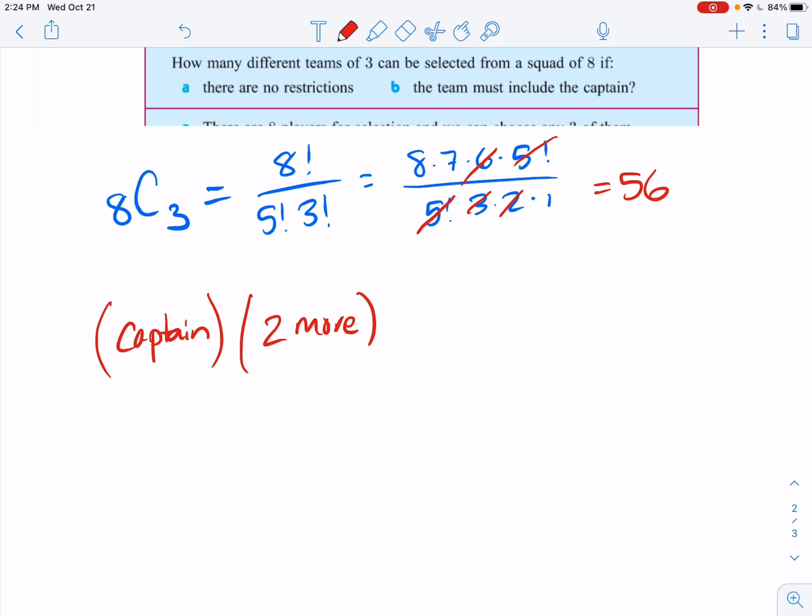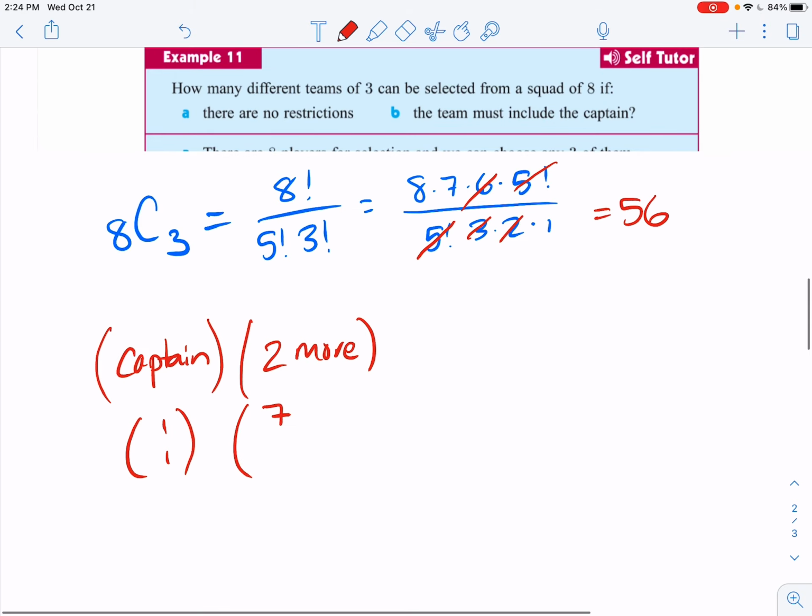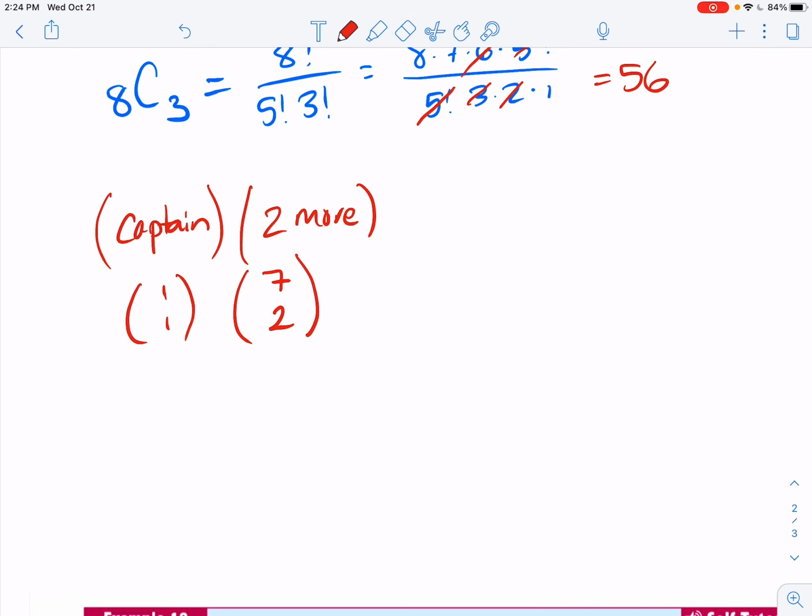Then it would be 5 choose 1, and then you'd have other people to consider. But in this case, this is just 1 choose 1. And then there are 7 non-captains in this scenario, right? They don't imply that there's more than 1 captain. So we need to choose 2 of those. So 1 choose 1 is just 1. And then 7 choose 2, this is 7 factorial over 5 factorial times 2 factorial.